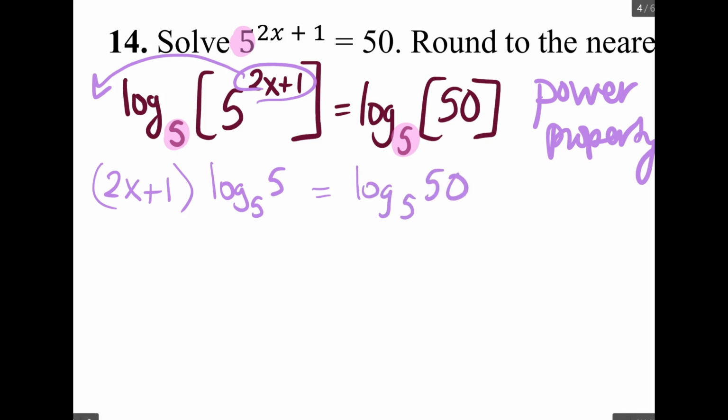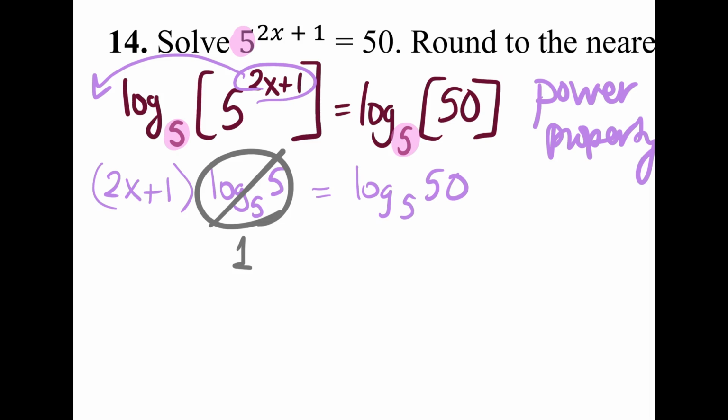Okay. Because when I evaluate log base 5 of 5, what do I get? It goes to 1. Because really, what log base 5 of 5 is asking is, what power should I put 5 to in order for it to equal 5?